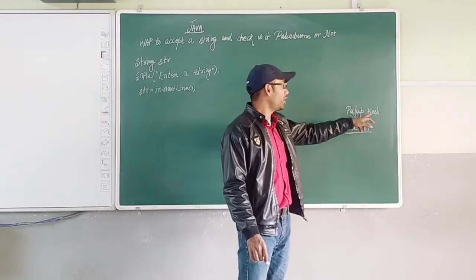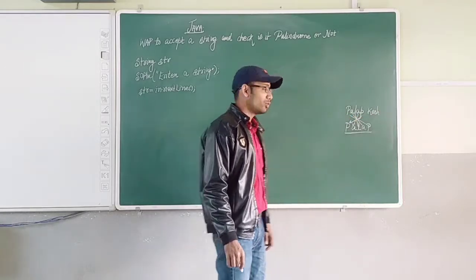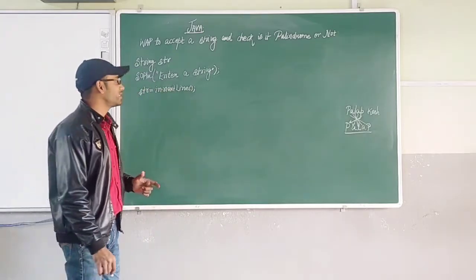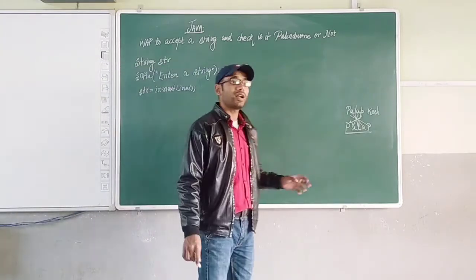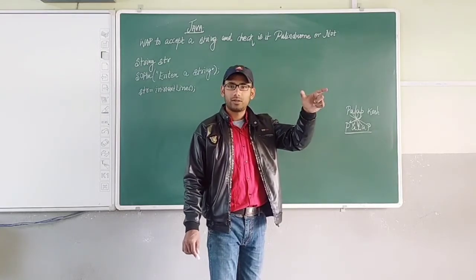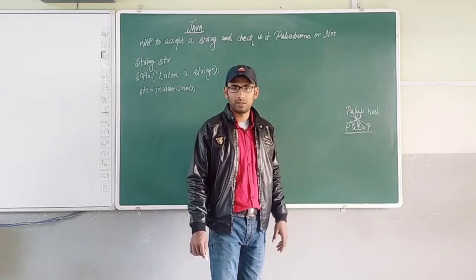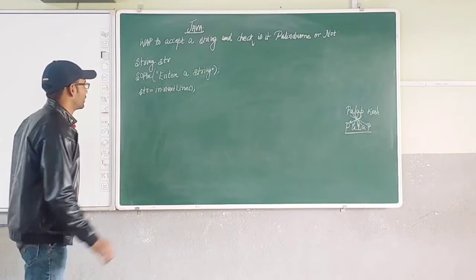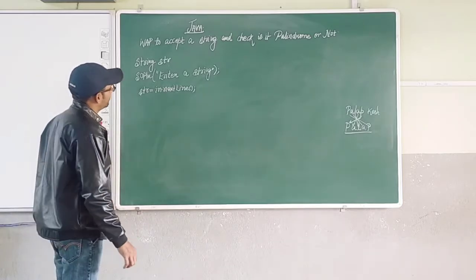So if a couple of strings are there, then you are supposed to write in dot nextLine. If simply in question it is given, write a program to accept a word. Word means singular, line means plural. That much you know, right? str is equal to in dot nextLine.